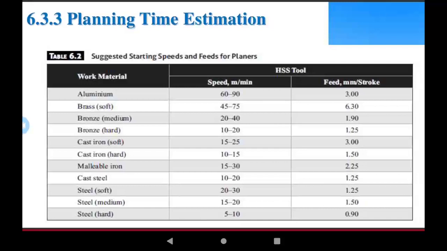For the planing machine, the speed performing the work is 60 to 90 meters per minute, and a high speed steel tool is used.